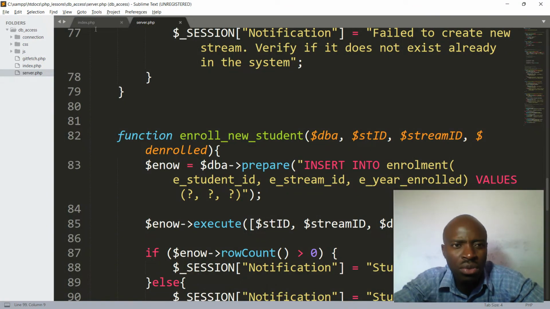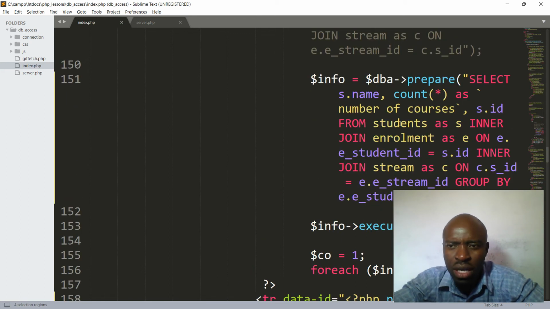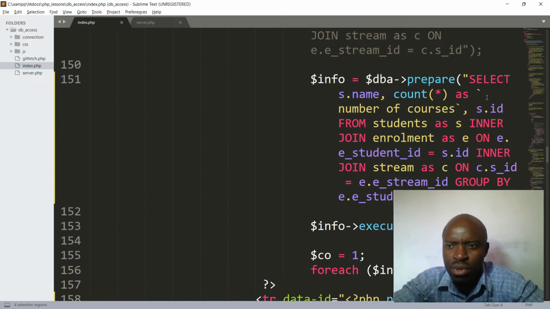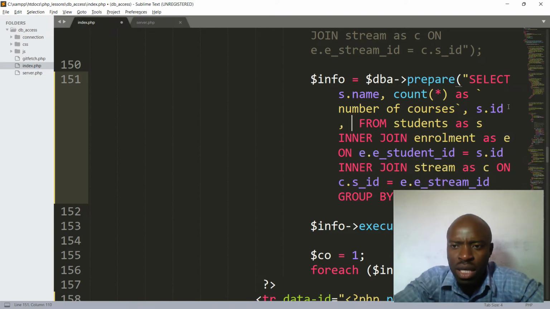So how do we do that? We should go back here, we should go to the SQL level, and here is where we should get those particular data as early as possible, because if we don't do that here, we can't get those data as we go forward. So we have the student ID already.